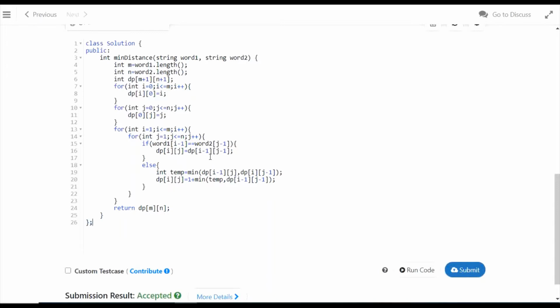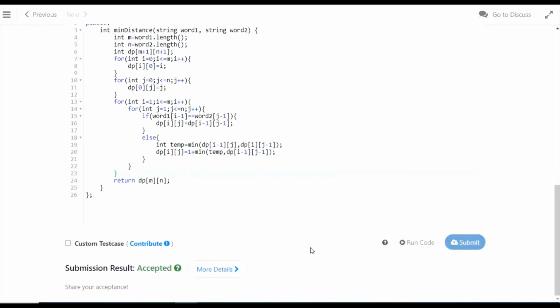And if they are not same, then we find out the minimum between the three neighbors, the up neighbors of the three boxes, and we add 1 to it. So that is what we did over here. And at the end, we just return the last box, the last container that contains our final answer. So this gives us the minimum number of operations that is required.